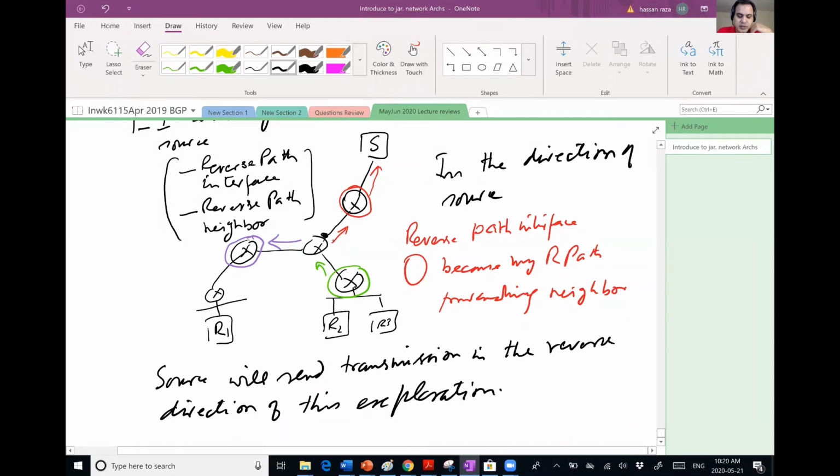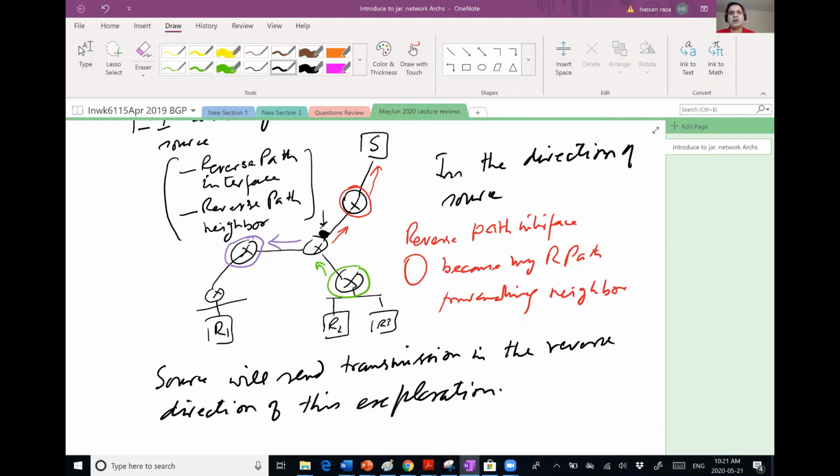Here I have two interfaces, this red one and this purple one. Whenever I receive data from source, it will always be received on this interface, which I'm making bigger with my pen. So I have three interfaces, and I will always receive data from this interface.